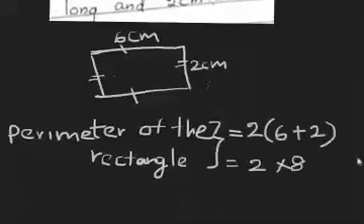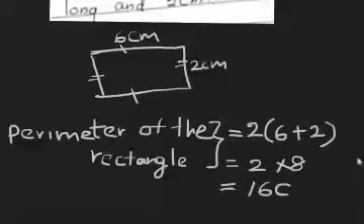What is the unit of measurement? Very important. You should put the unit of measurement, otherwise we will lose some marks in the exam, because the unit of measurement is very important. Right. So this is 16 cm.